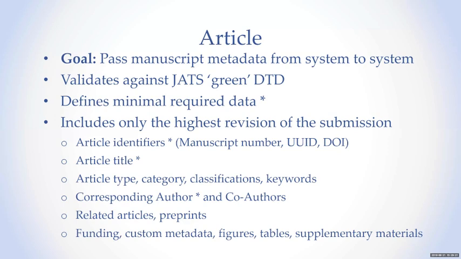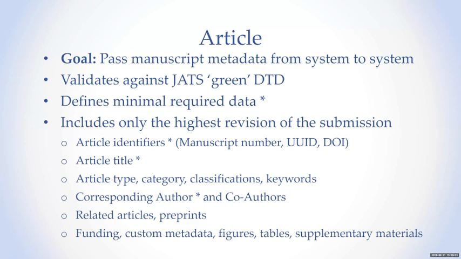I want to point out that the article XML should represent the submission as it was at the highest revision level in the sending site. So we don't want a whole history of all the different revision levels. It should just be the highest revision level of the submission as it was before it was sent out from that original system.